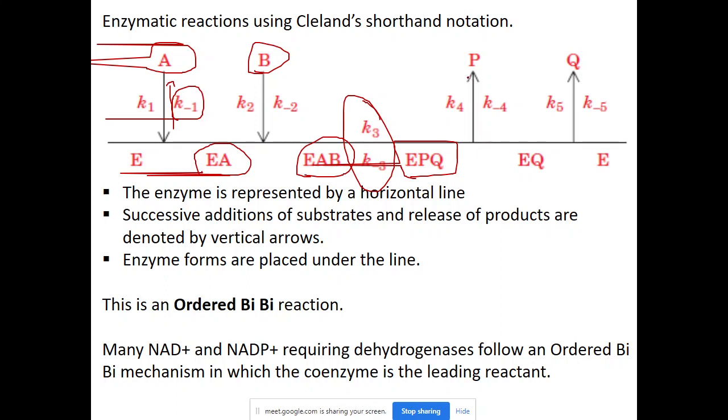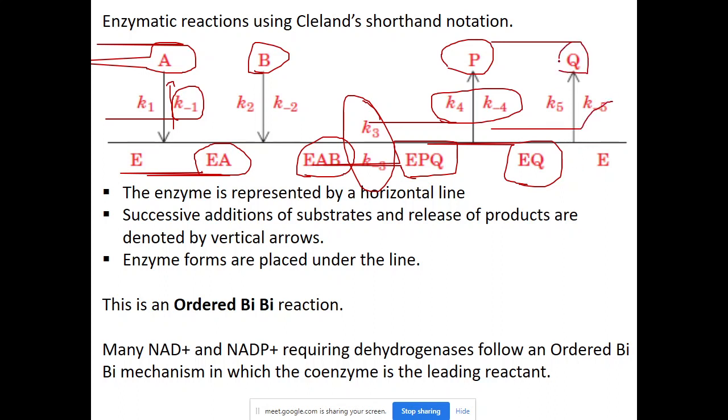This leads to the release of product number 1, which is P, with the kinetic constants K4 and K minus 4, leaving EQ, then with K5 and K minus 5, leading to the release of the second product Q, resulting in the regeneration of the free enzyme E.